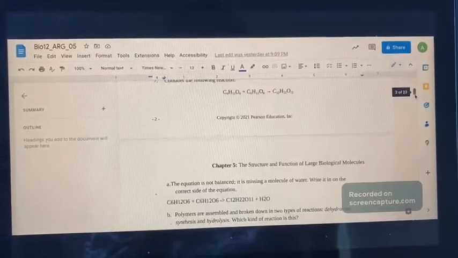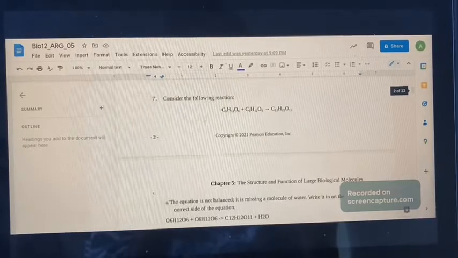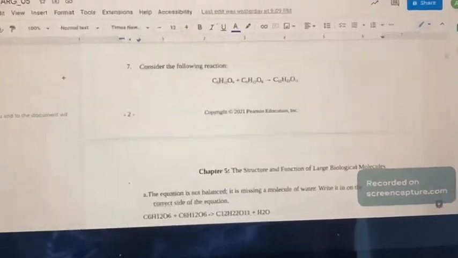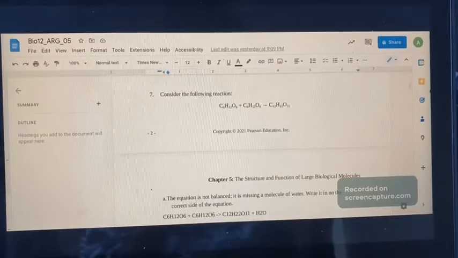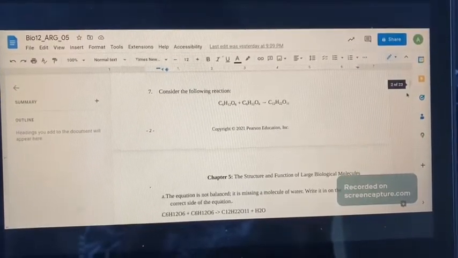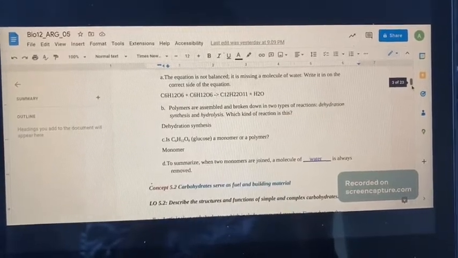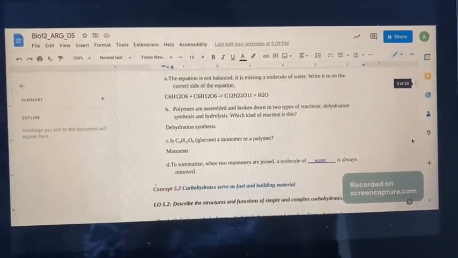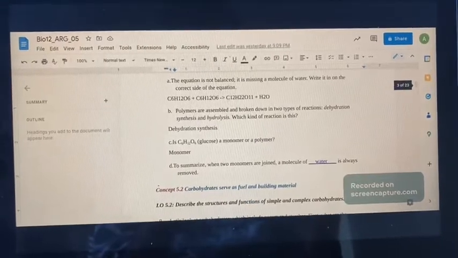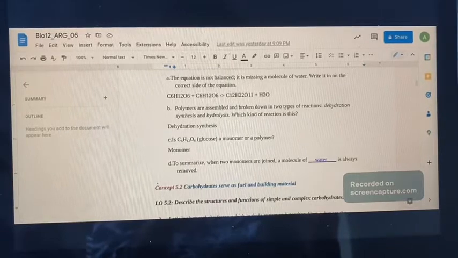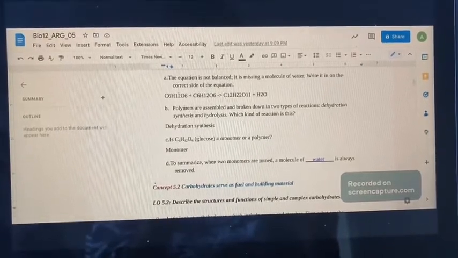So this is the same reaction I was talking to you about. 2 glucose molecules, then C12H22O11 plus a water molecule right here. It's missing a water molecule, exactly. Okay. Polymers are assembled and broken down by 2 types of reactions: dehydration synthesis and hydrolysis. This reaction I just mentioned is dehydration synthesis, because these two monomers are coming together.